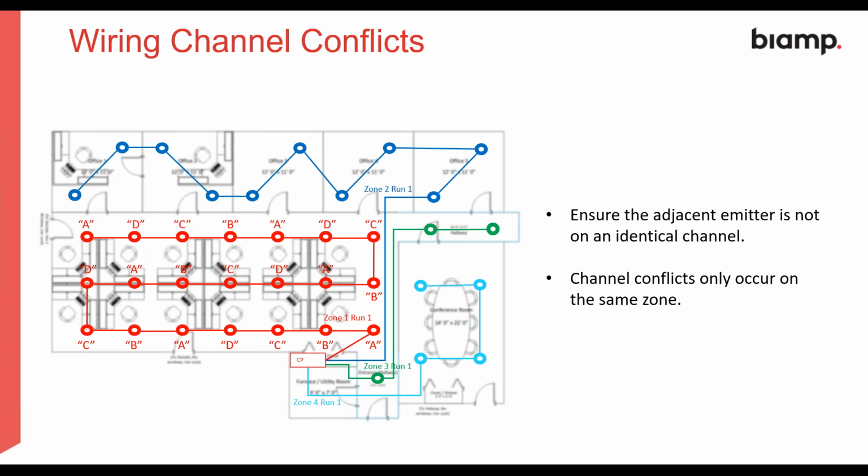So we have no conflicts here. Now the conflicts are only in a straight way. Diagonally, there is nothing we can do about diagonal conflicts, and they do not cause a problem. It is only when they are in a straight line, the horizontal or vertical line. And like we said, they can only happen on the same zone.